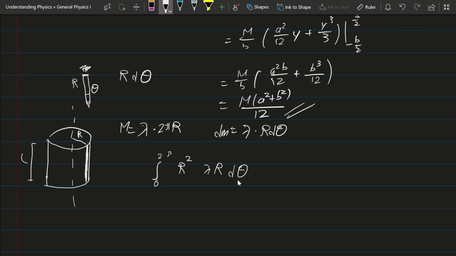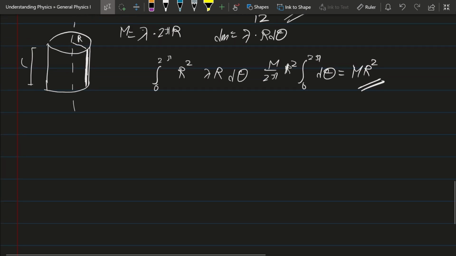So solving this, m over 2 pi will go out, and you would still have the r squared and the integral from 0 to 2 pi of d theta. This will basically equal mr squared in the end. And that's the moment of inertia for this ring.